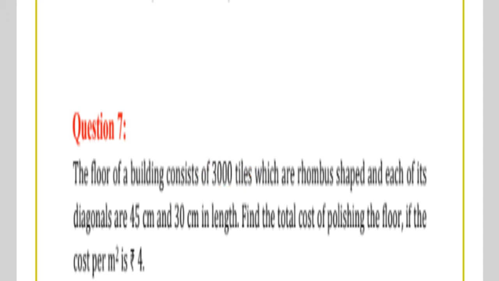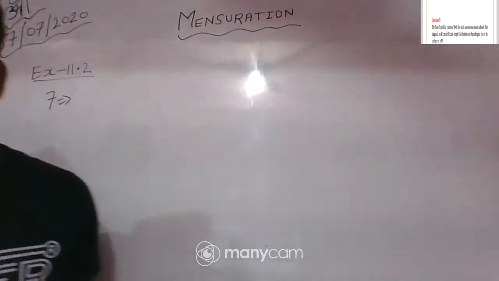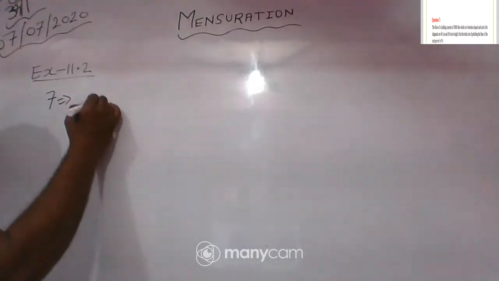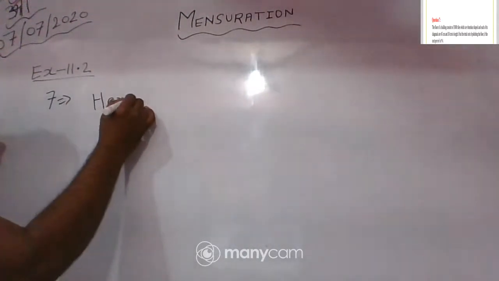Clear? D1 is the diagonal 45 and D2 is 30 centimeters. Okay, so let's see how to solve it. Here the diagonals are given.